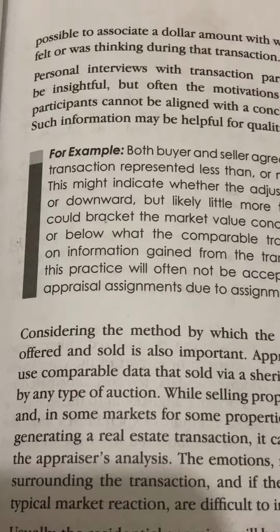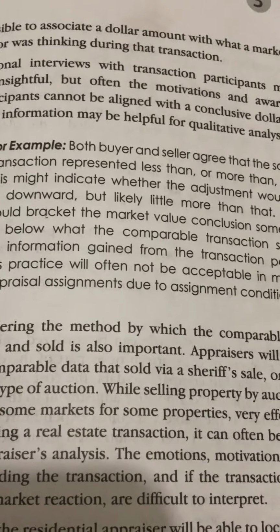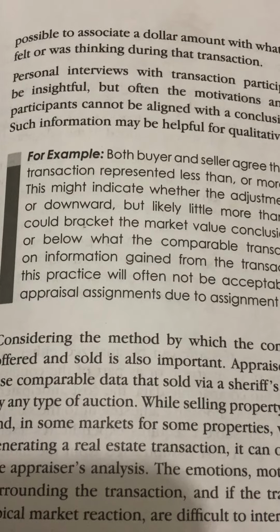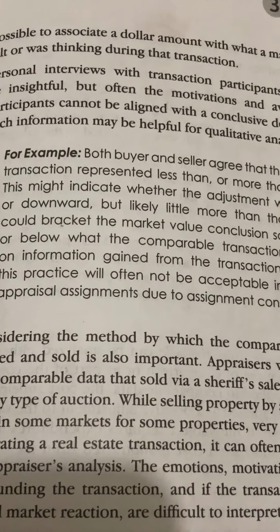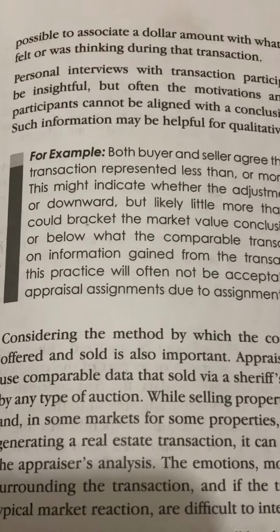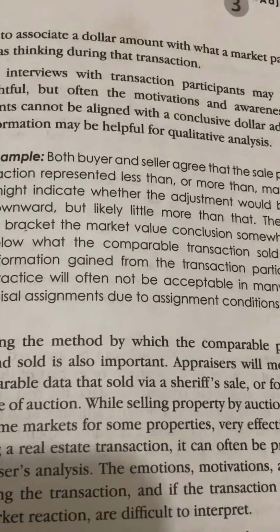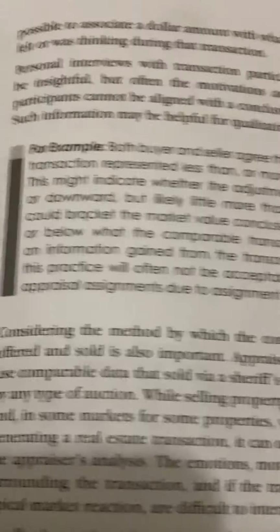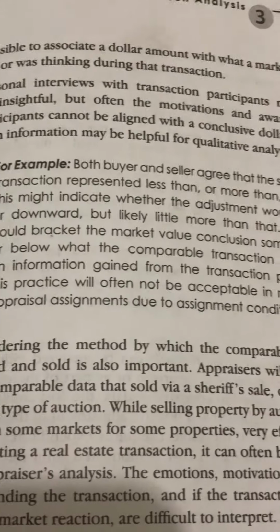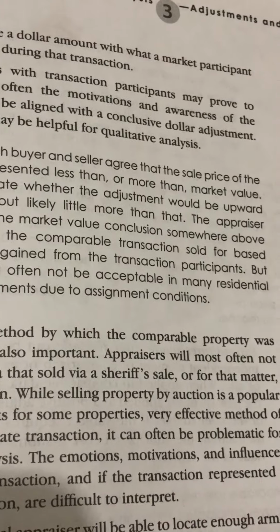For example, both buyer and seller agree that the sale price of the transaction represented less than or more than market value. This might indicate whether the adjustment would be upward or downward, but likely little more than that.